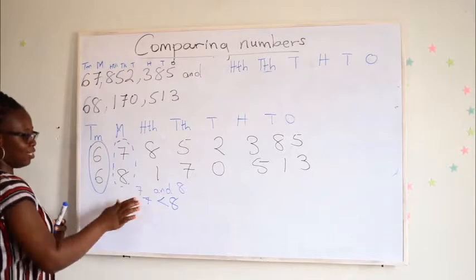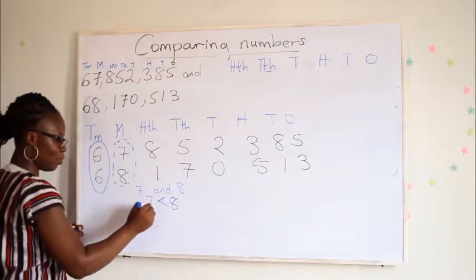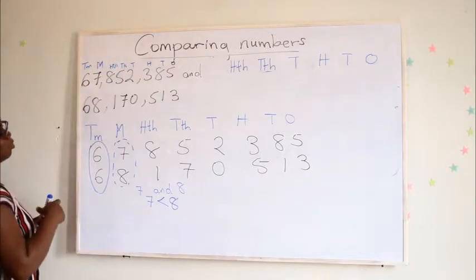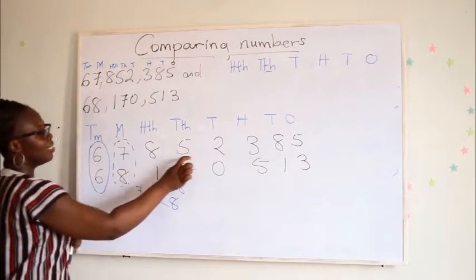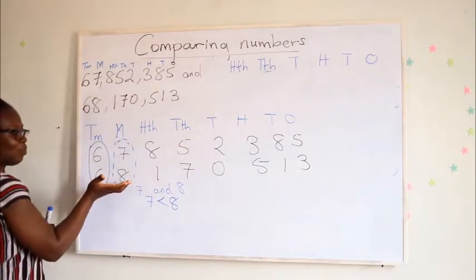7 is less than 8. Don't forget the symbols. Okay, 7 is less than 8. So from here, it means that this number is less than what? This number.